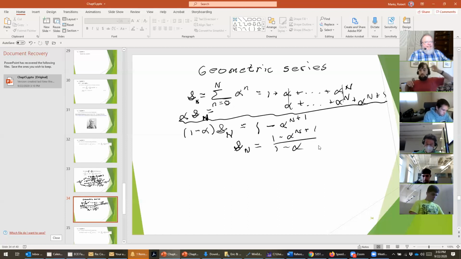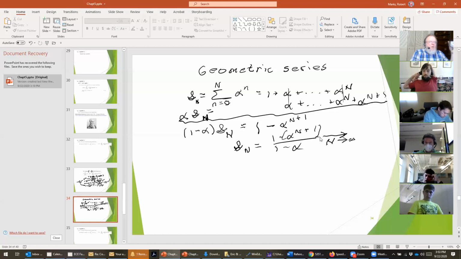So this is the geometric series. Now we want to let n go to infinity. Notice that this term goes to 0, but only if the magnitude of alpha is less than 1.